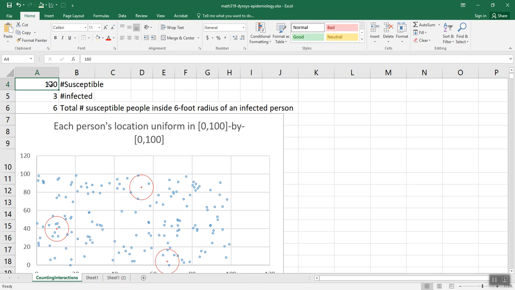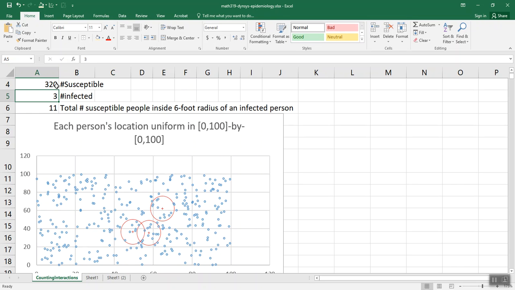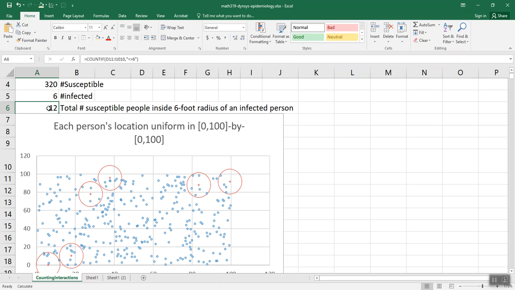If I double that to 320, so every time susceptible doubles, do you figure I'd have twice as many people in the red zones? And then similarly, if I double the number of infected people, have twice as many red zones, do you think the number of susceptible people inside the red zones is going to also double? So I can bump that up a little bit. So that's our main thinking.